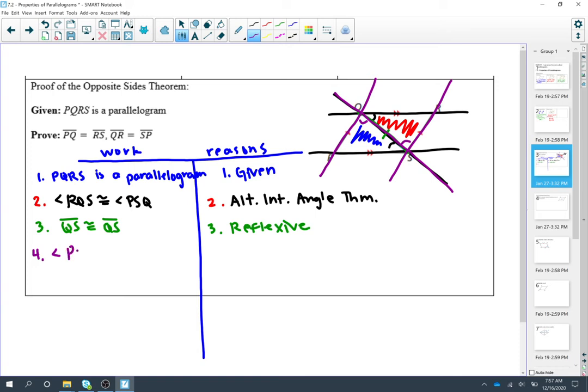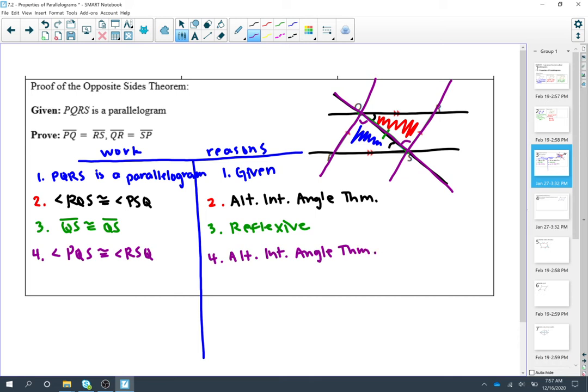PQS is congruent to angle RSQ. And the reason I can say that is, once again, the alternate interior angle theorem.